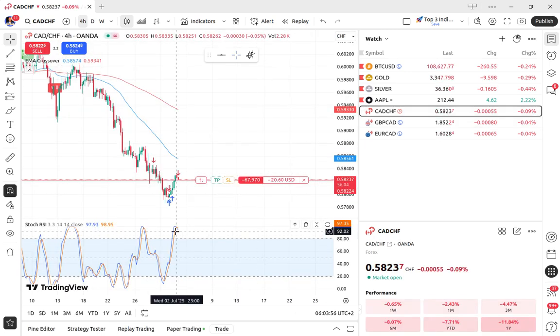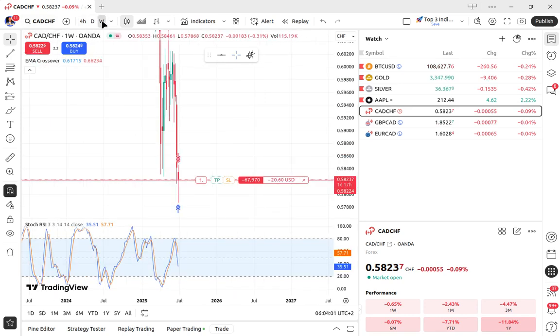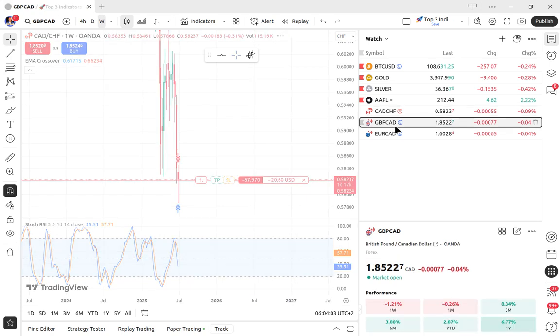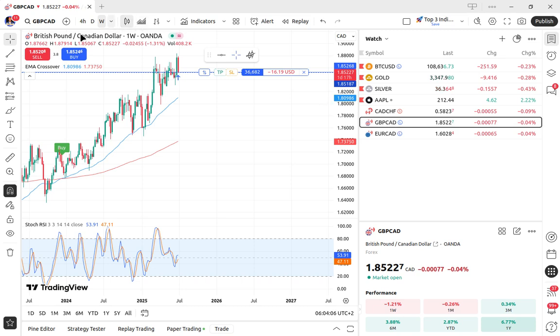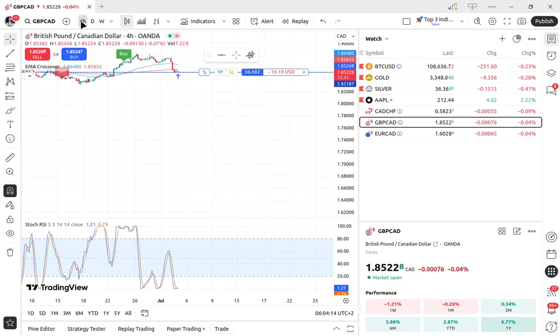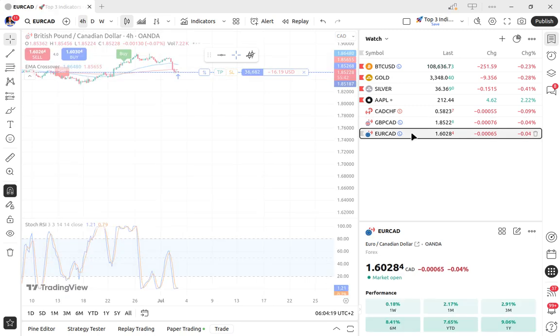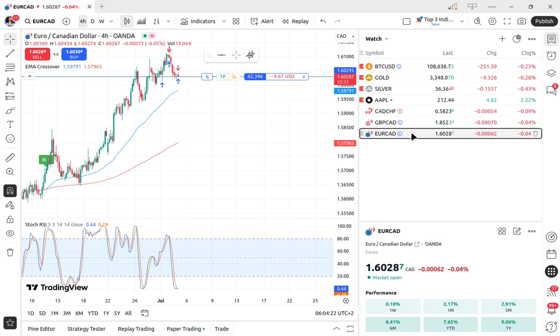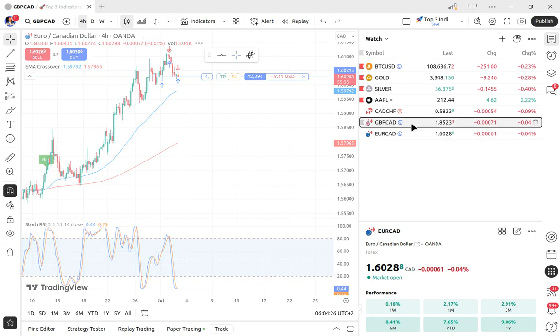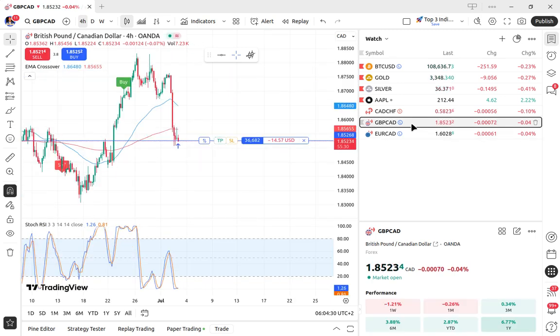So this one is a very powerful reversal, very powerful reversal. This is also another reversal. Also a powerful reversal. Even though with this one, it doesn't seem to be following the moving averages, right?